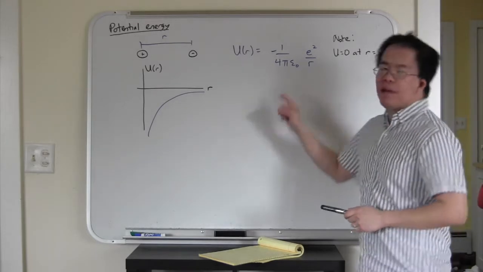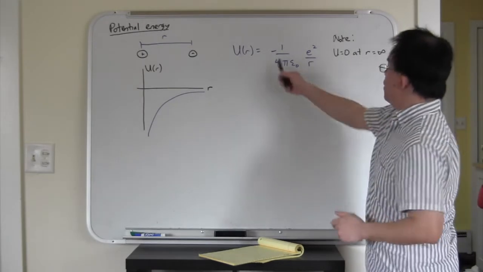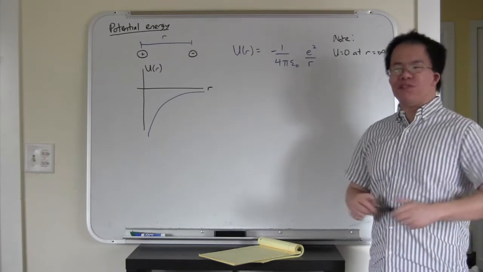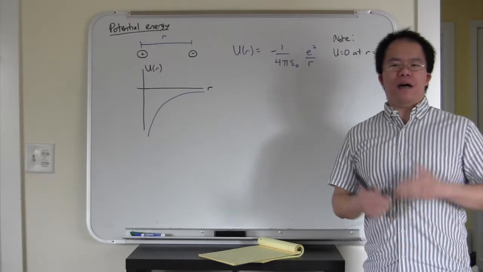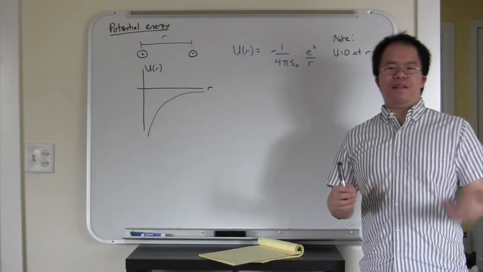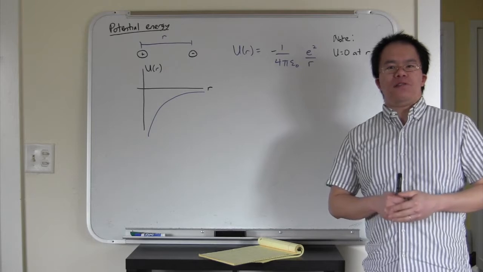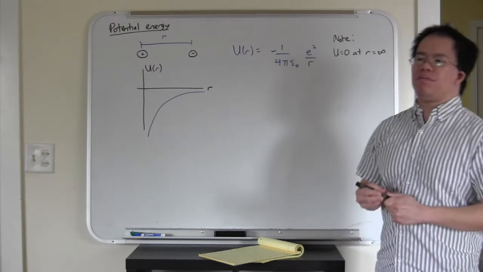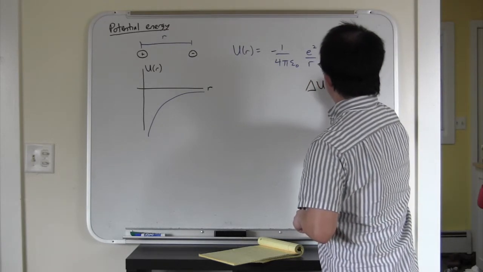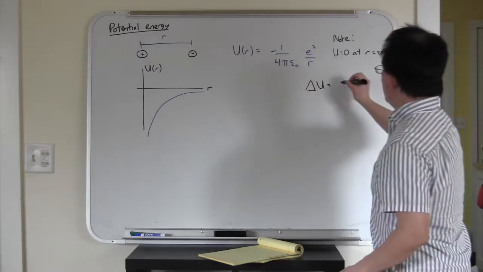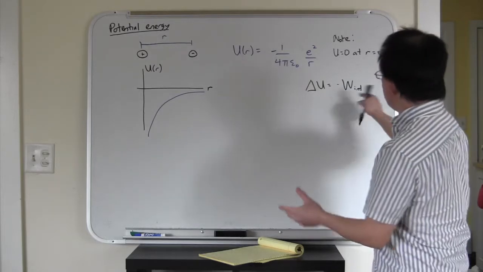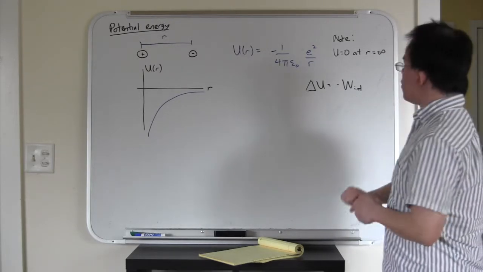One other thing that I want to comment on is the sign of the potential energy. Notice that it is negative. Now there's a bunch of ways you can think about this, and I'm not entirely sure how you thought about signs for energy in 118. So one way that you could think about it, remember that changes in potential energy you can think of as minus work done by interactions that are internal to a system, so ΔU = −W_internal, right?